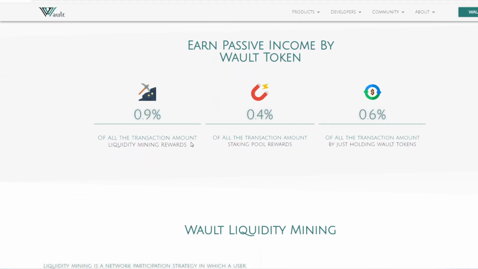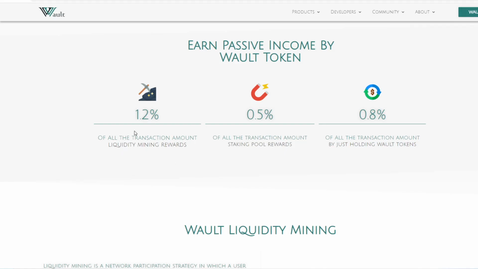First and foremost, it says earn passive income by Wault token. What we're really trying to do is find ways that you can generate passive streams of income. We're in a situation right now where it's not just about looking for the upside returns from investing in the project, but you also want to find how you can make passive income while you sleep, essentially.